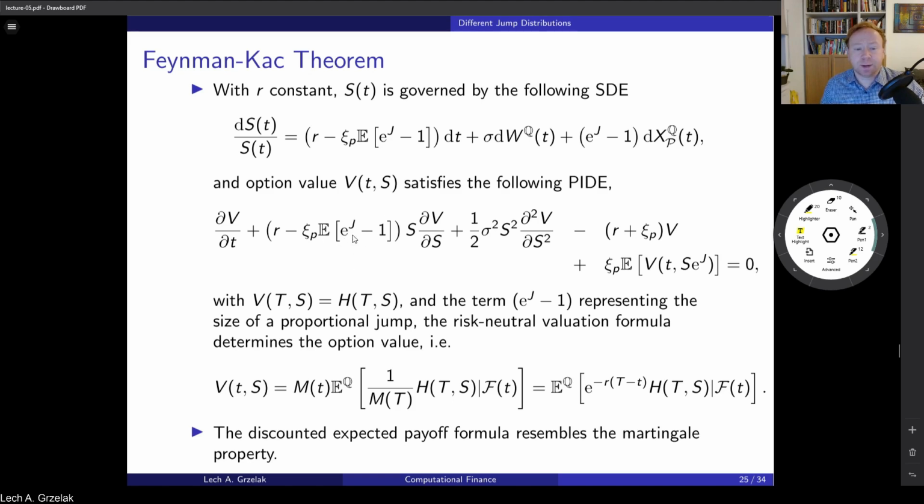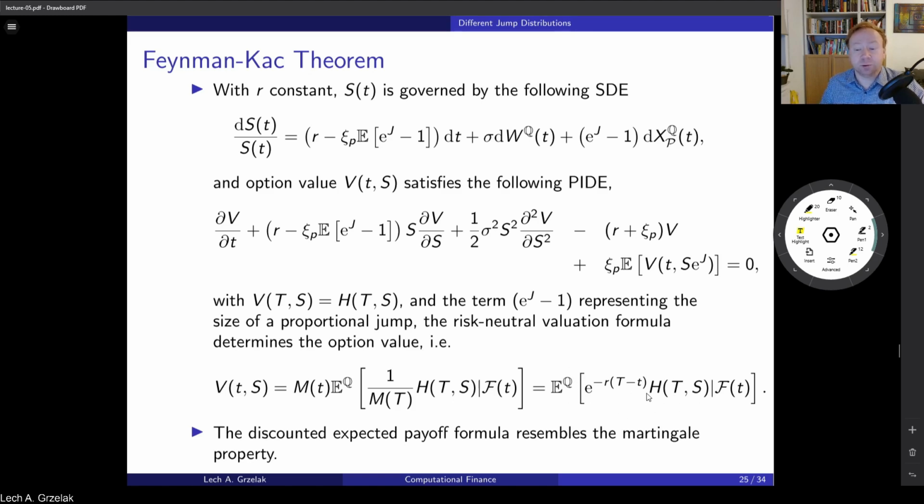Maybe you remember, it was the expectation of e to the power J. For the models that we discussed, this is known analytically. Then you can also perform simulation of your process for S, the stock process, using Monte Carlo. And then you can compute the expectation using just the Feynman-Kac theorem.